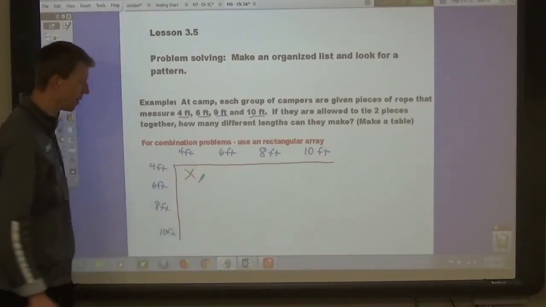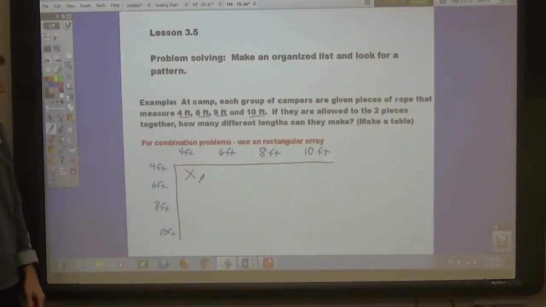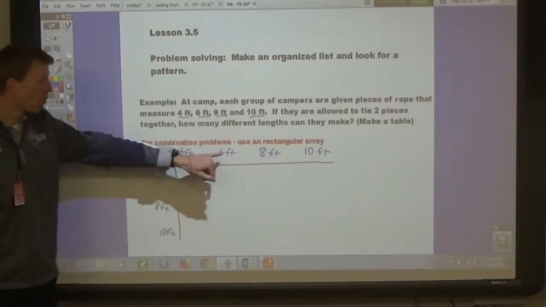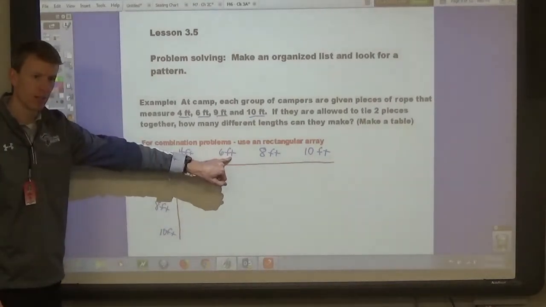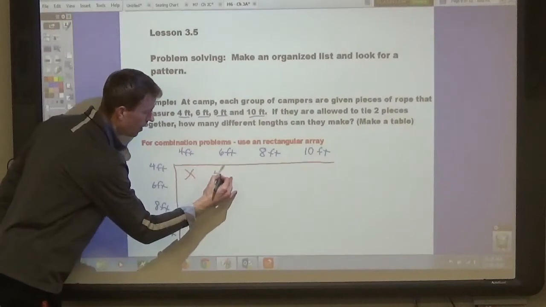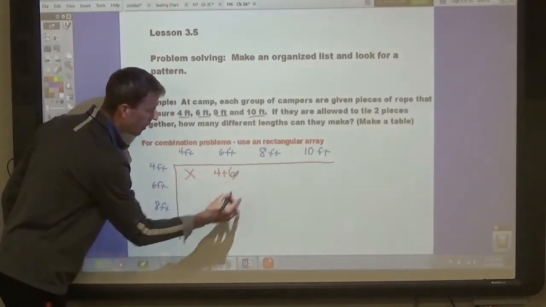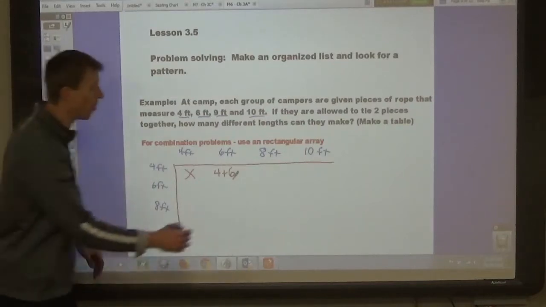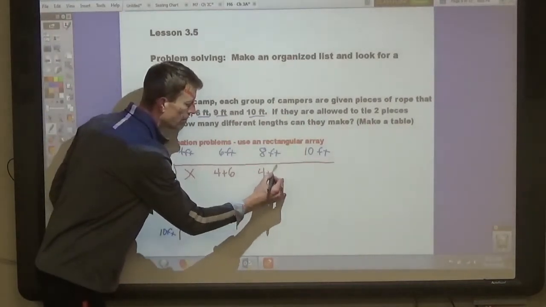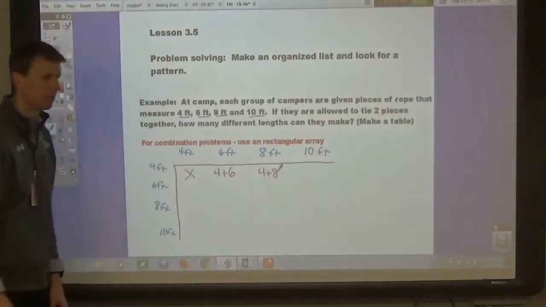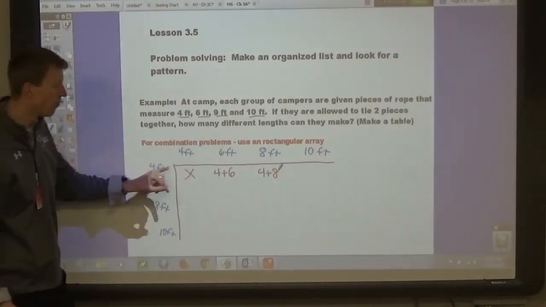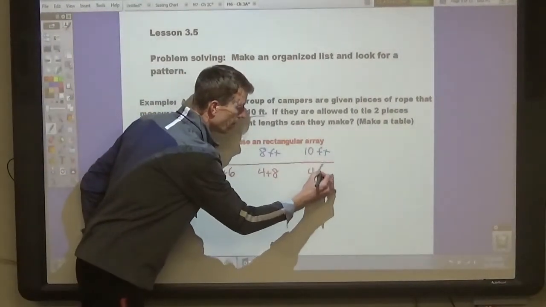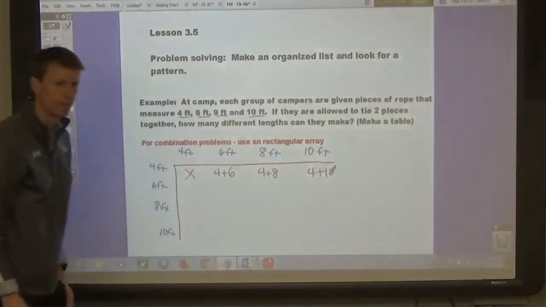So we can't do that. Put an X there. But we can attach a 4-foot with a 6-foot. So we could add a 4 plus 6. We could attach a 4-foot with a 9-foot. And we could attach a 4-foot with a 10-foot. Right?